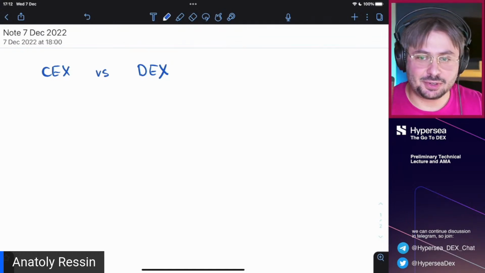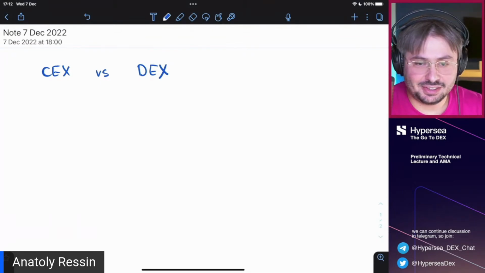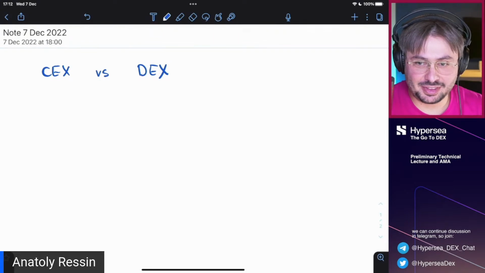The CEX or the DEX. Now it's kind of hot, especially if we remember what is happening eventually. It can eventually happen with centralized exchanges.